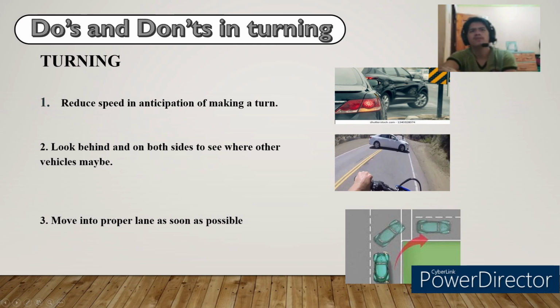Next in the do's and don'ts in turning, move into proper lane as soon as possible. So proper lane means as we are about to make a turn, we should secure that we are in the proper lane. For example, if we make a turn to the right, while still far away we move to the right side.